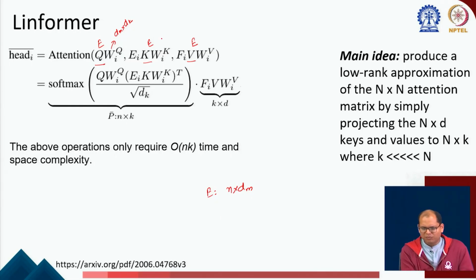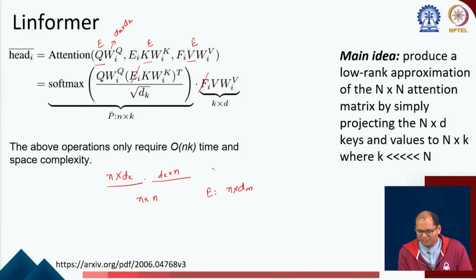So originally, you don't have this Ei and Fi, right? So you have n cross dm times dm cross dk, so n cross dk, and then you have dk cross n, this gets you n cross n, and this is also n cross dm times dm cross dk, so n cross dk, right.